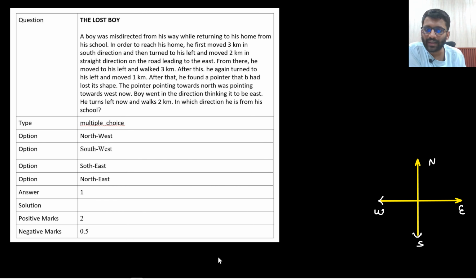So what is happening with the guy? He goes 3 km in the south direction. Then he turned to his left. What would be his left? This would be his left. He turned to his left and moved 2 km in the straight direction, leading to east.